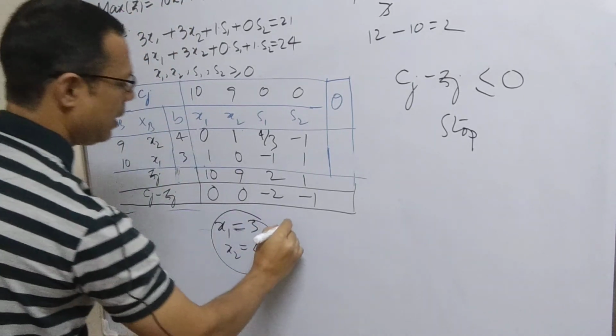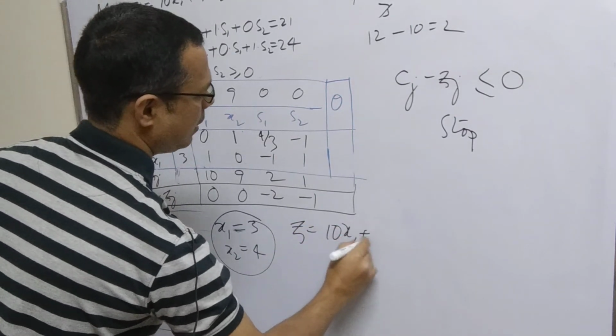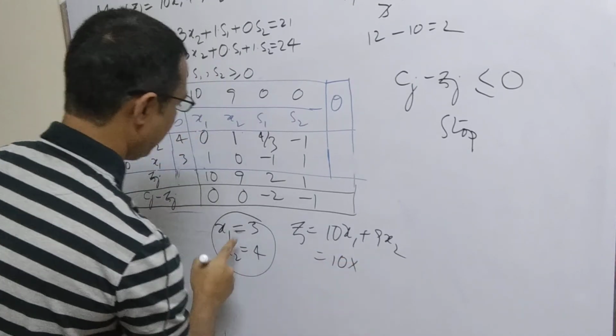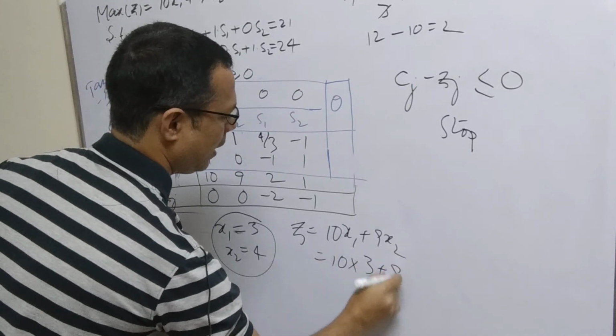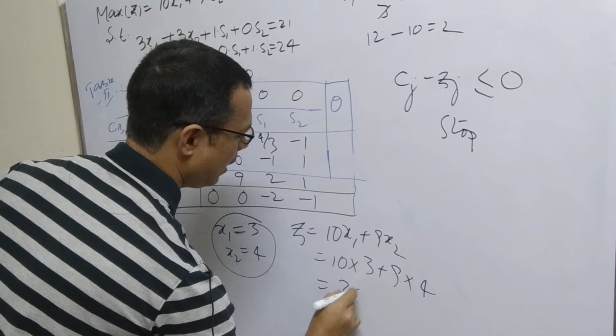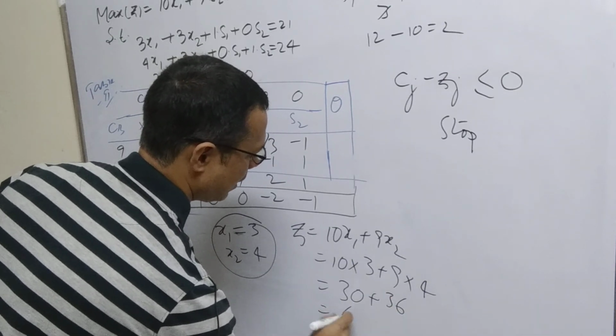So write z is equal to 10x1 plus 9x2. 10 into x1, what is x1? 3, plus 9 into x2, what is 4. 10 into 3, 30, 9 into 4, 36, it means 66.